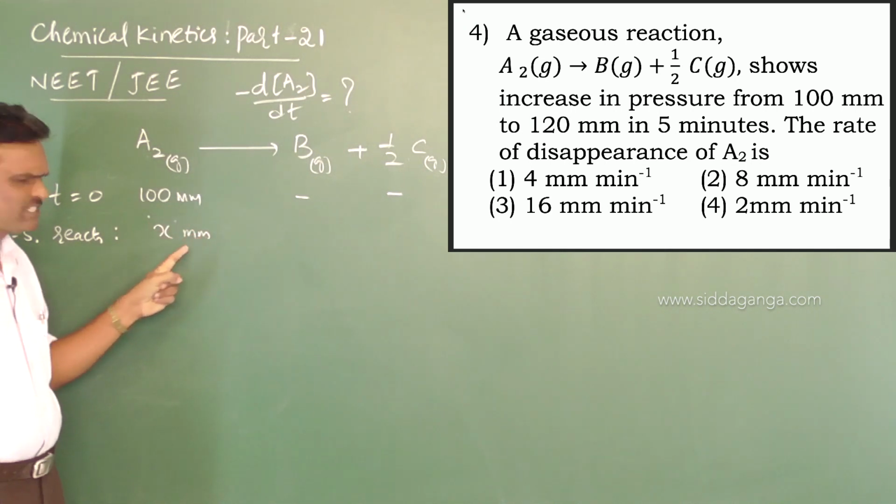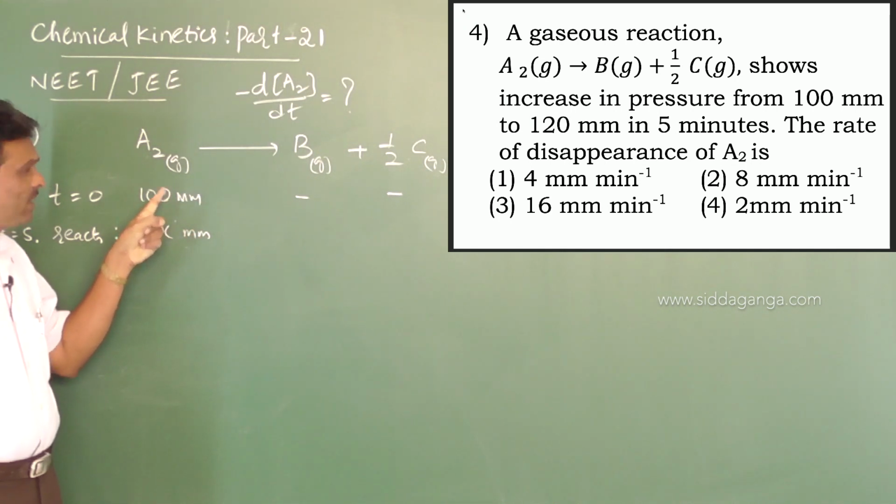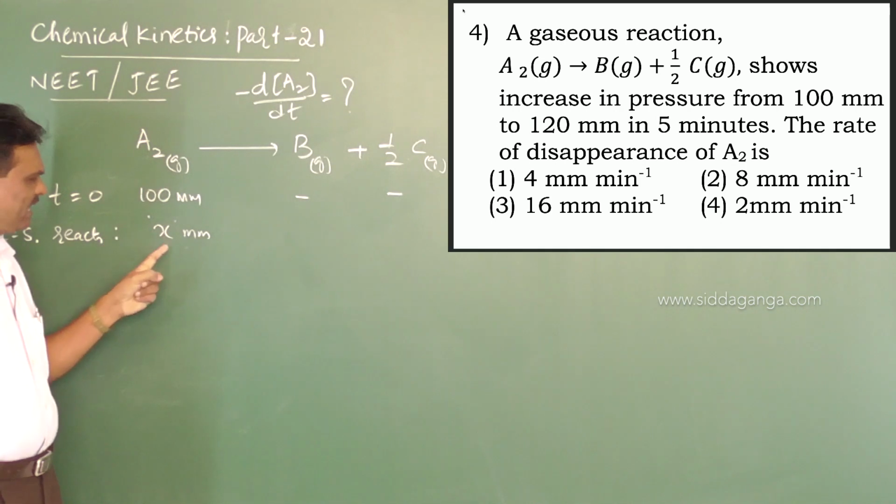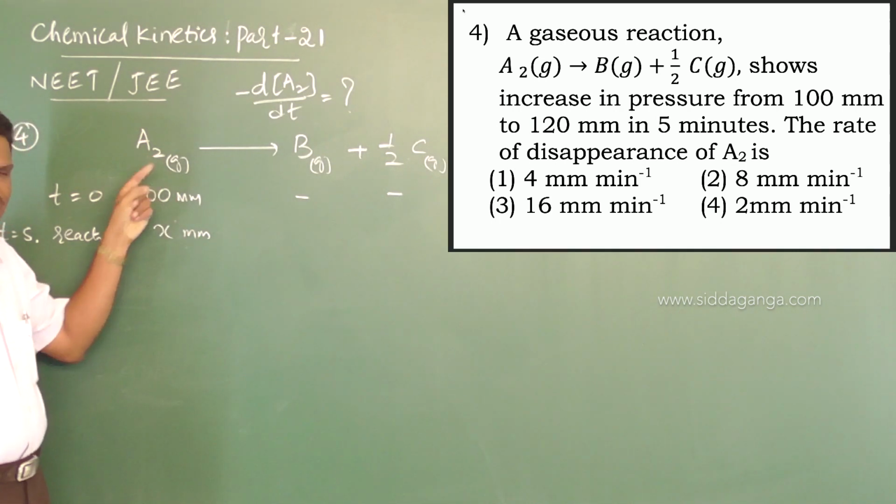This is the decrease in pressure out of 100 millimeter of mercury. So X millimeter of mercury of A2 decreases.